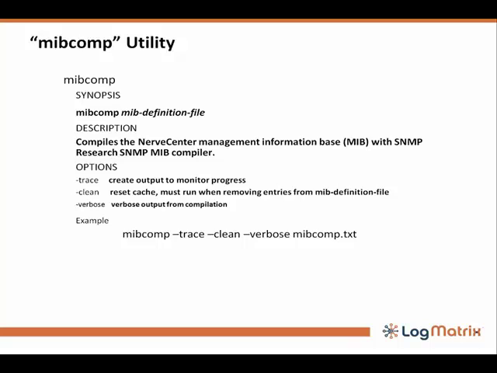It must also be in the correct location for its includes. If it includes or needs something from the SMITC MIB and you put it before the SMITC MIB, you will get a failure. So read the includes, and then you run MIBCOMP minus trace minus clean minus verbose and MIBCOMP.txt. And if you're lucky, in about 3 hours, you'll get a NerveCenter MIB file.